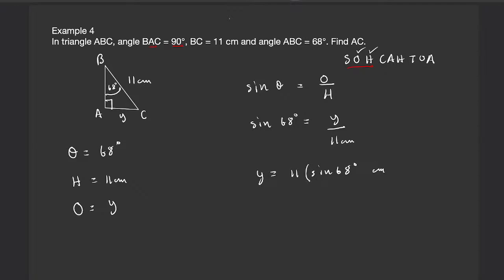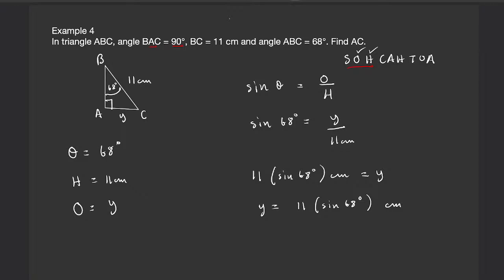I skipped a couple of steps. Let me not skip steps; let's do this how I usually do it. So we have 11 times sine 68 degrees, in cm, is equal to y. I can rewrite my formula as y is equal to 11 times sine 68 degrees cm.